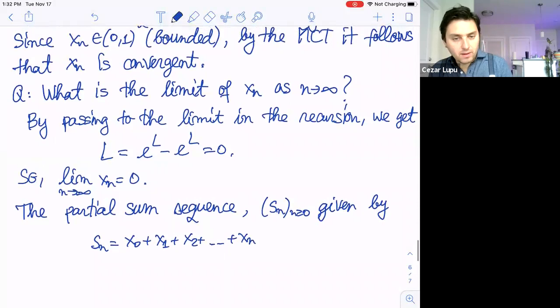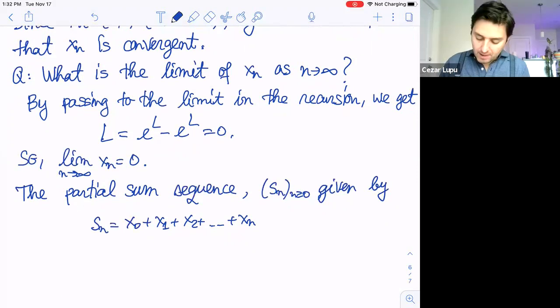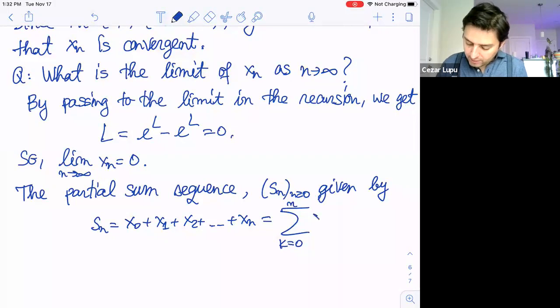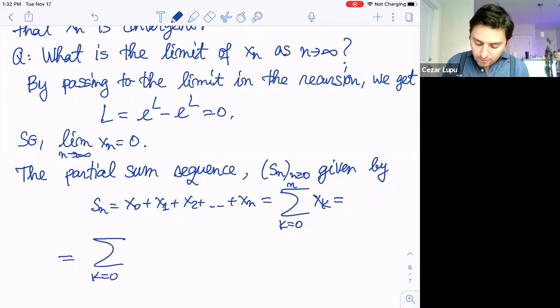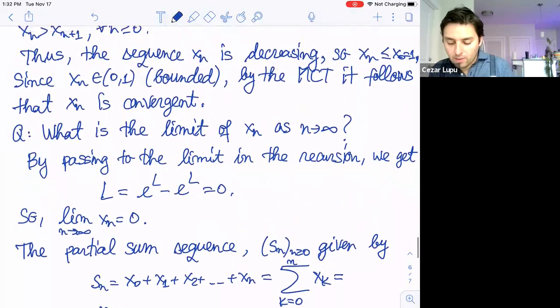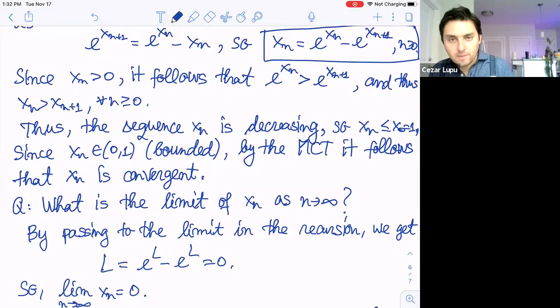Definitely it's increasing, right? And what can we say about it? Who is this guy? I'm going to write it in this way, is the sum from k equals 0 to n of xk. But again, we're going to appeal to our recursion. Keep in mind that xk, if you go back, was nothing else than just e to the xk minus e to the xk plus 1, right?